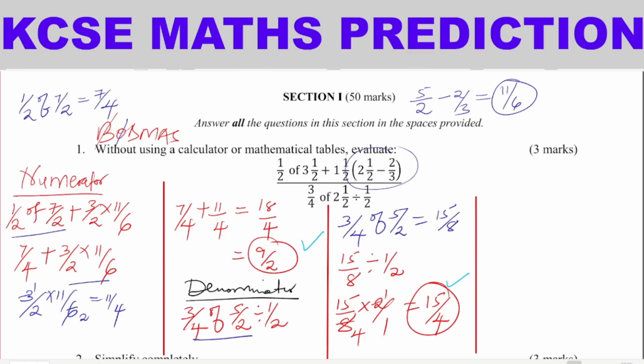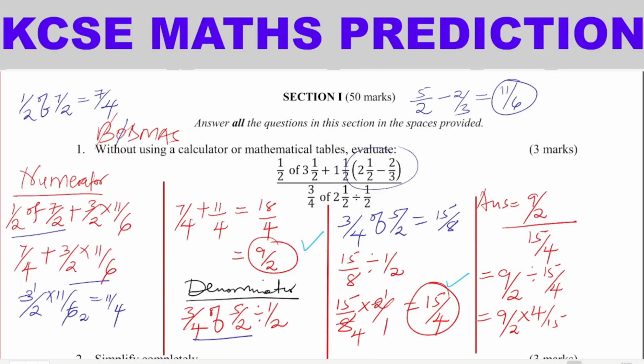The answer we got in the numerator is 9 over 2. Then divided by the denominator, which is 15 divided by 4. So you get 9 over 2 divided by 15 over 4. This will give 9 over 2 times 4 over 15.